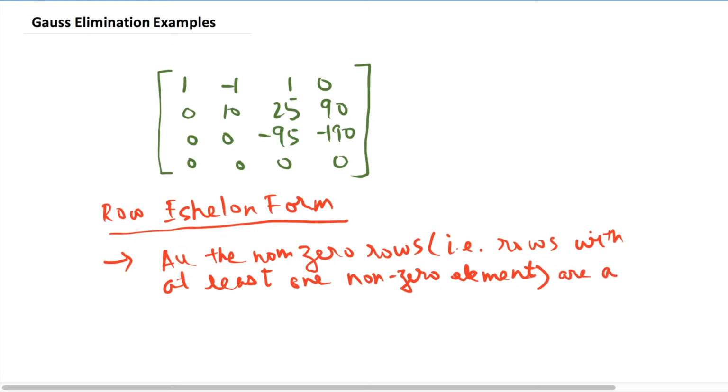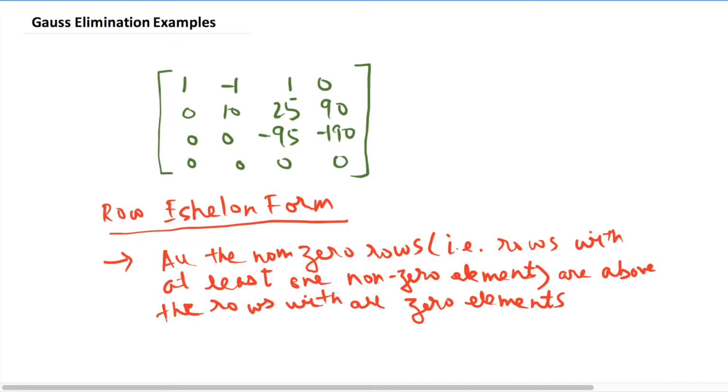So are above the rows with all zero elements, and you can see that is the case in this row echelon form reduced augmented matrix.